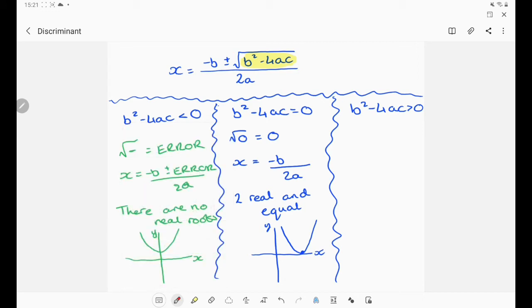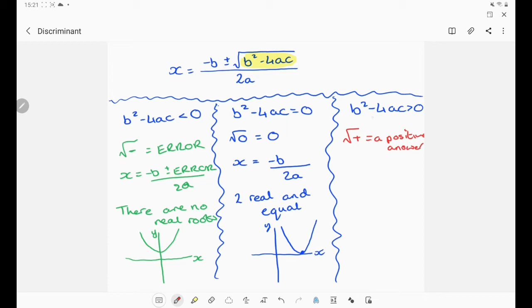The last situation we're going to look at is when b squared minus 4ac is greater than 0. And this is probably the most common situation you're going to interact with, particularly if you're using the quadratic formula. But this means you're taking the square root of a positive number, and that will give you a positive answer.